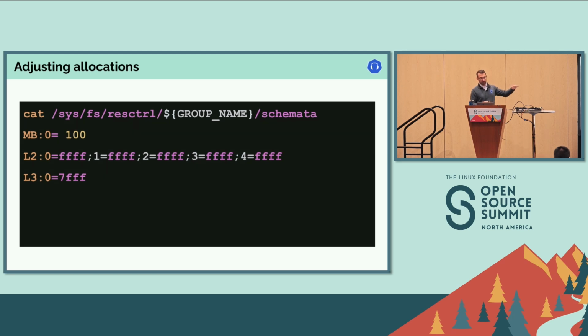And then for L2 and L3 controls, you have a bit mask where you can specify to the CPU which slices of the cache that process can run to, can evict from. So if you give it only a small number of bits on, then it can only evict from those pieces of L3 cache. So the controls are there, relatively straightforward to use.